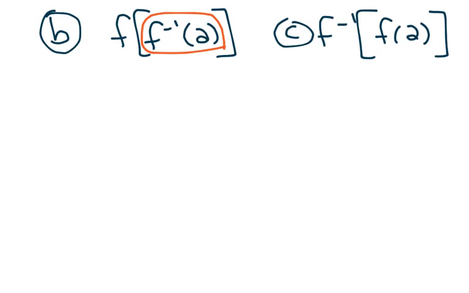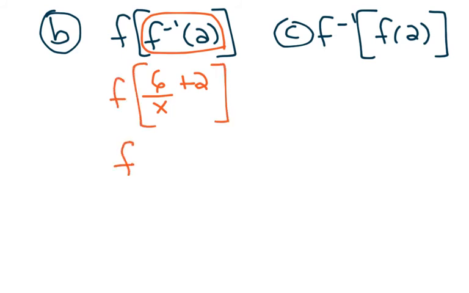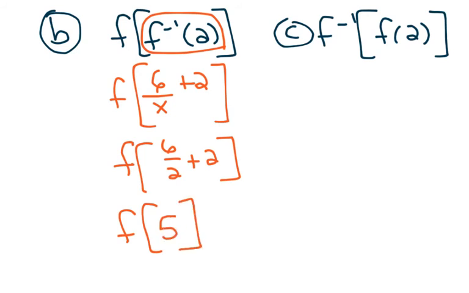So our equation of f inverse was 6 over x plus 2. We're going to plug in 2 for x. So I'm going to get 6 over 2 plus 2. Well, 6 over 2 is 3, and 3 plus 2 is 5.